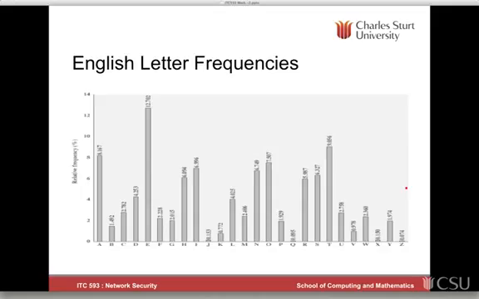The paper is Cryptography: An Introduction to Computer Security. And this is the outcome of the research. You will see some letters with the minimum frequency, and some letters with the maximum frequency, like E, like T, like A, relative frequency.